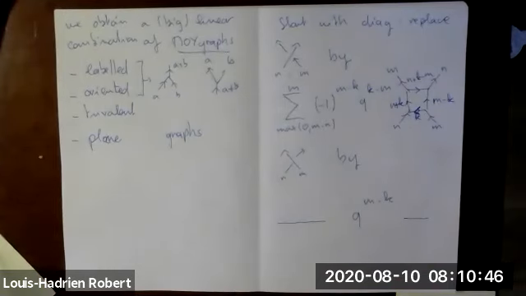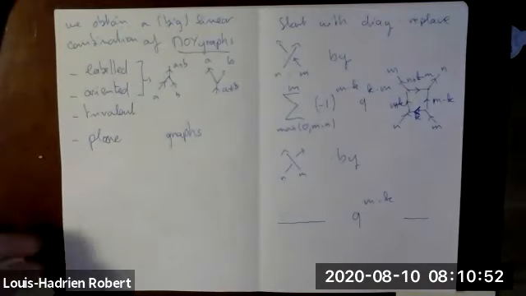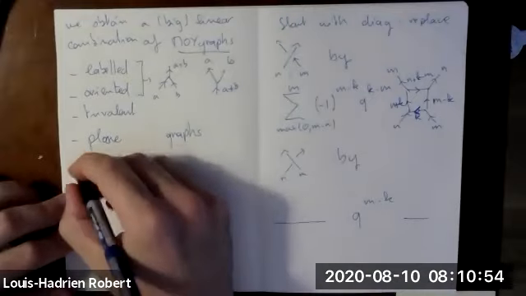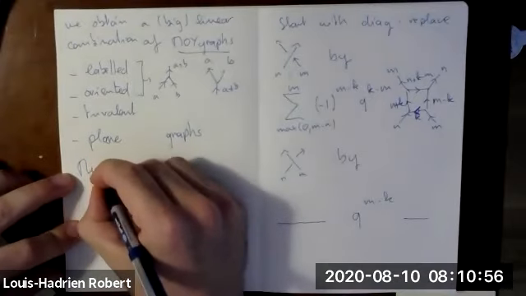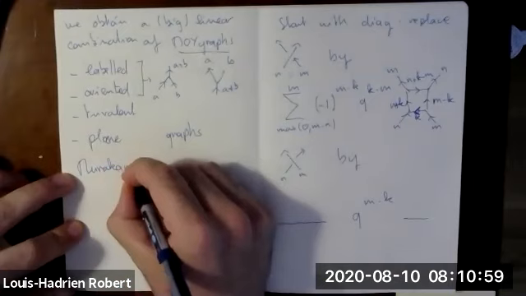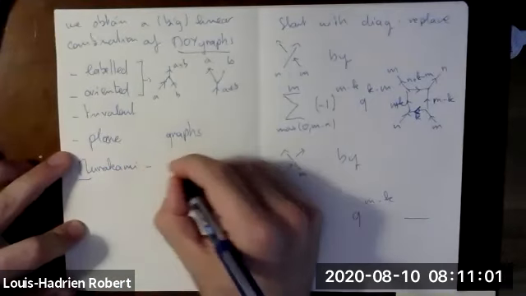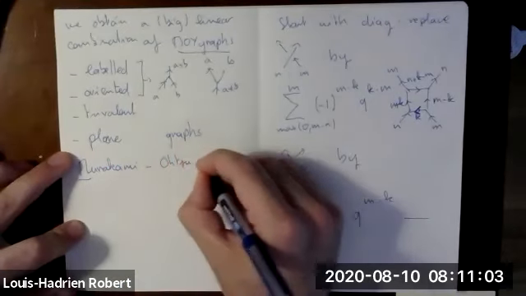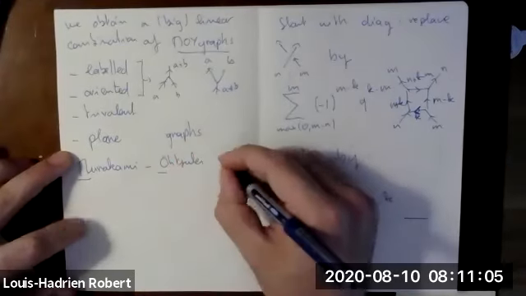So that's it. Now I still don't know how to compute my invariant, but that's in the paper of Murakami, Ohtsuki, and Yamada.